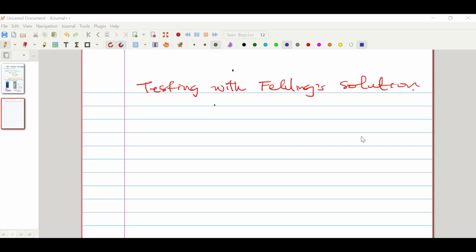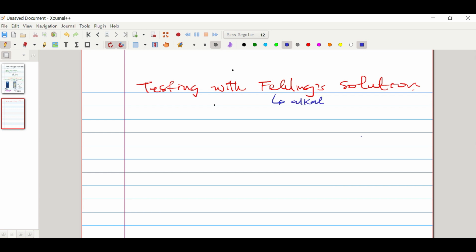So the second test we want to talk about is testing with Fehling's solution. Of course, when we say Fehling's solution, it's an alkaline solution that contains copper 2 ions. So Fehling's solution is what?